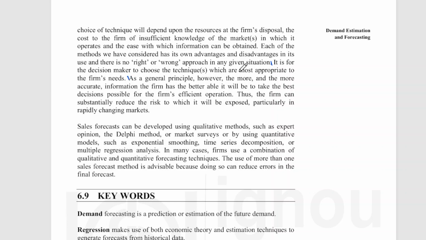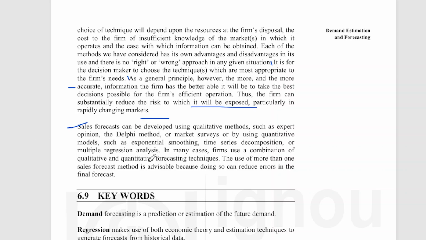As a general principle, however, the more and the more accurate the information the firm has, the better able it will be to take the best decision possible for the firm's efficient operation. Thus the firm can substantially reduce the risk to which it will be exposed, particularly in rapidly changing markets.